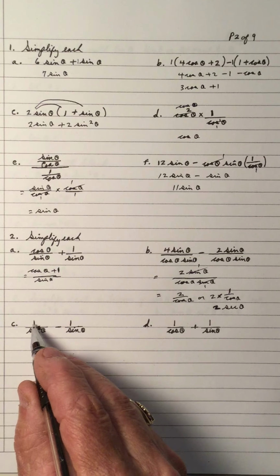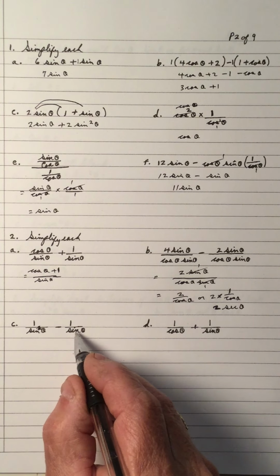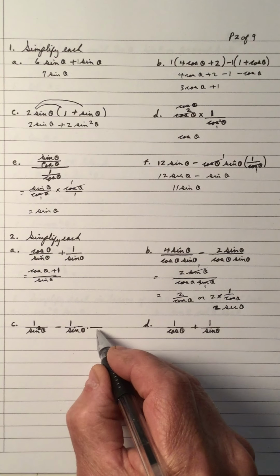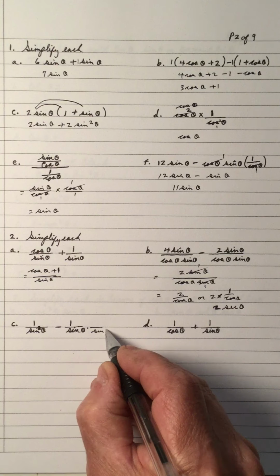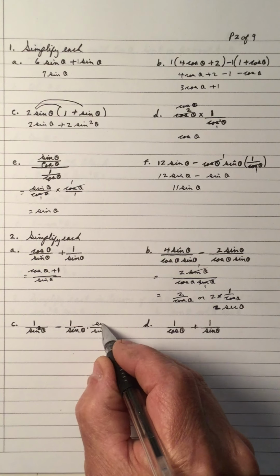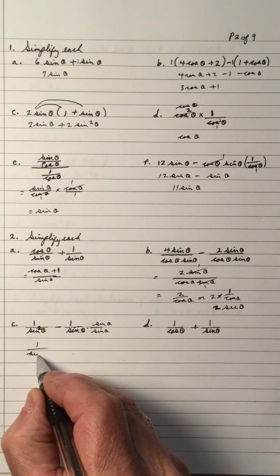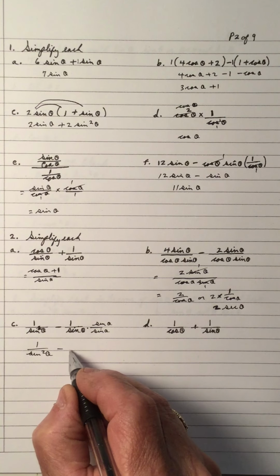And C, 1 over sine squared, subtract 1 over sine. The common denominator is sine squared, so we multiply the second fraction by sine theta over sine theta. And that's 1 over sine squared theta, subtract.